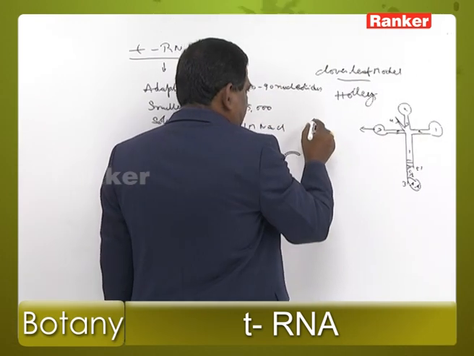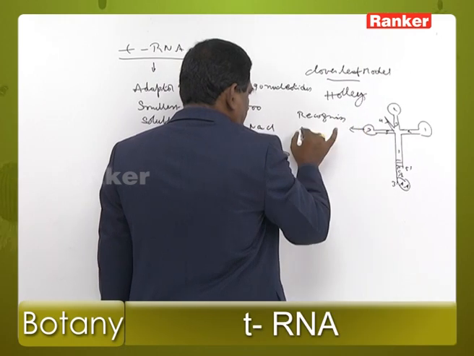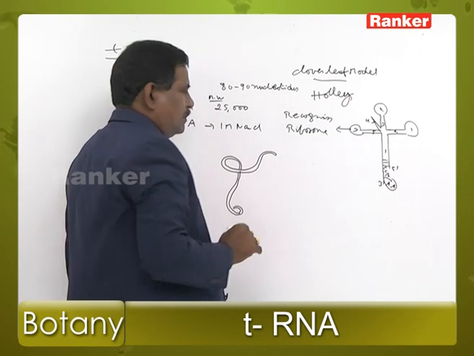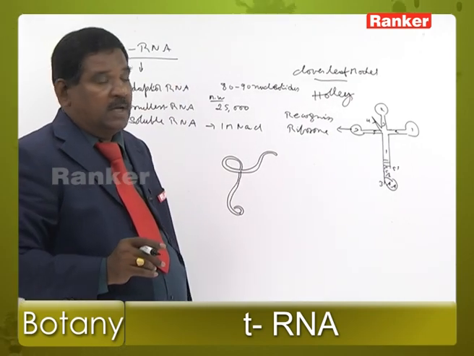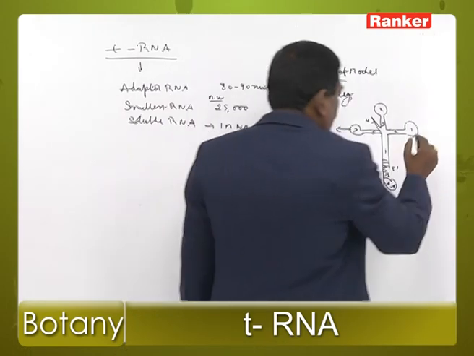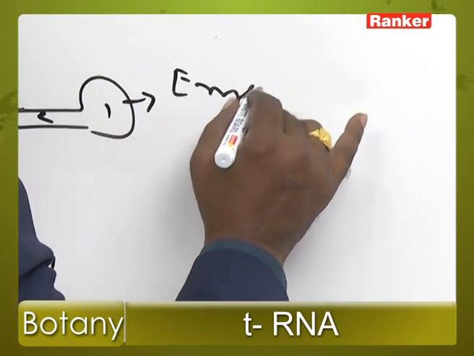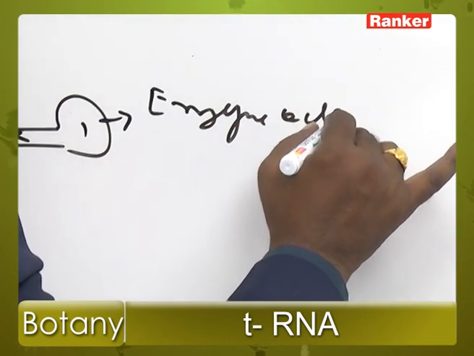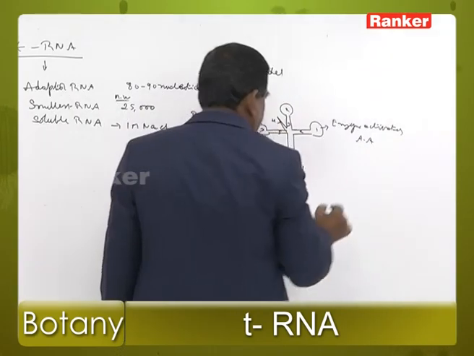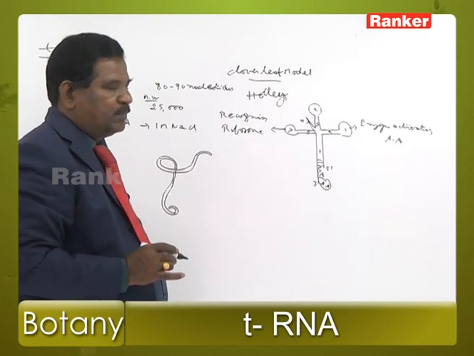One loop recognizes the ribosome, the ribosome recognizing loop. One loop recognizes the enzyme that activates the amino acid: the amino acid activating enzyme recognition loop.